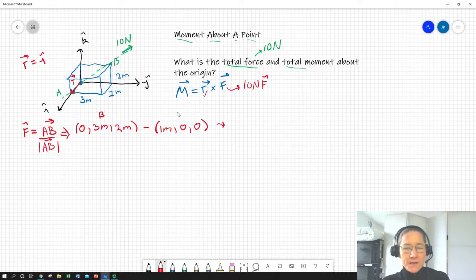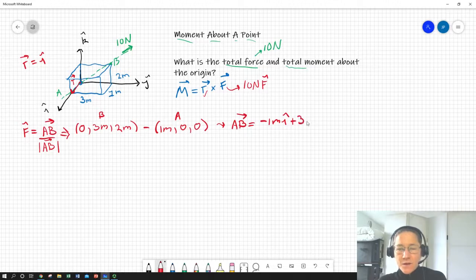So I'm going to end up with a vector A to B. I am going to end up with negative 1 meter I hat plus 3 meters j hat plus 2 meters k hat.